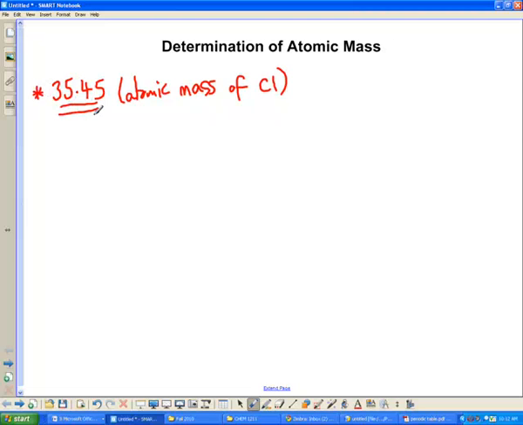The only way we're going to be able to figure this out is if we know something about the different isotopes of chlorine that exist naturally.